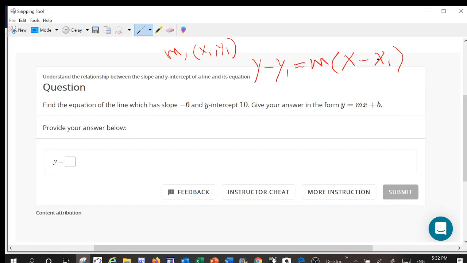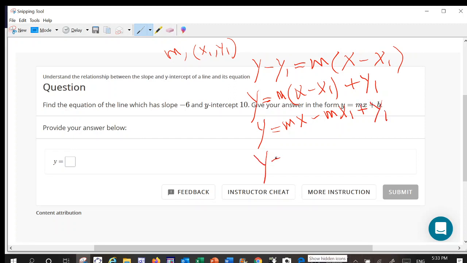Now, if we solve for y here, and that was the last thing I did in the previous video, I'm just going to move y1 to the right hand side, so I get y equals m times x minus x1 plus y1, and y equals mx minus mx1 plus y1.